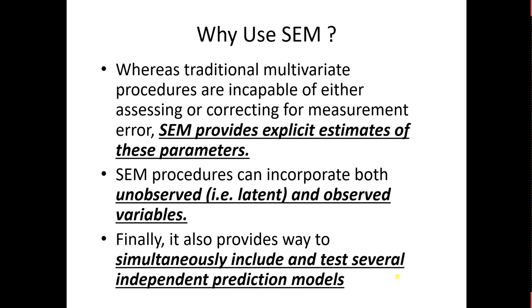So the measurement errors can be modeled and estimated in structural equation modeling. Similarly, in conventional regression analysis, we work with only observed variables. But in structural equation modeling, we can make predictions not only using observed variables, but also by using unobserved variables.